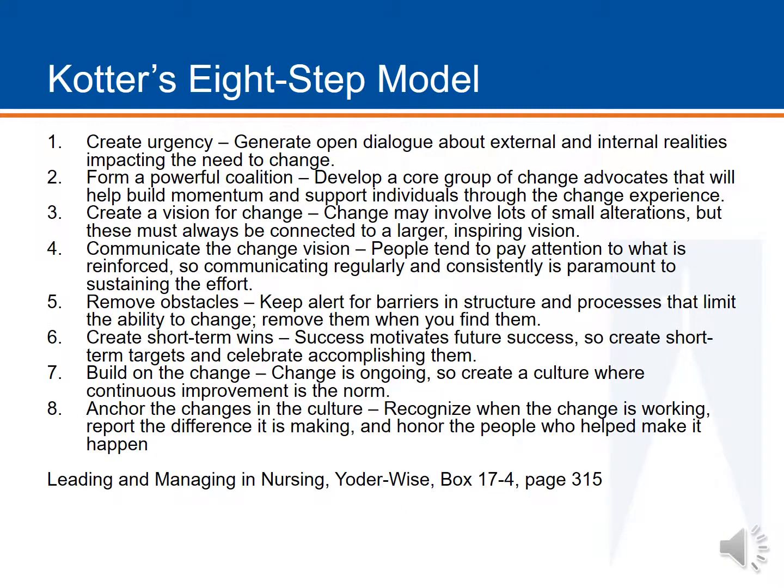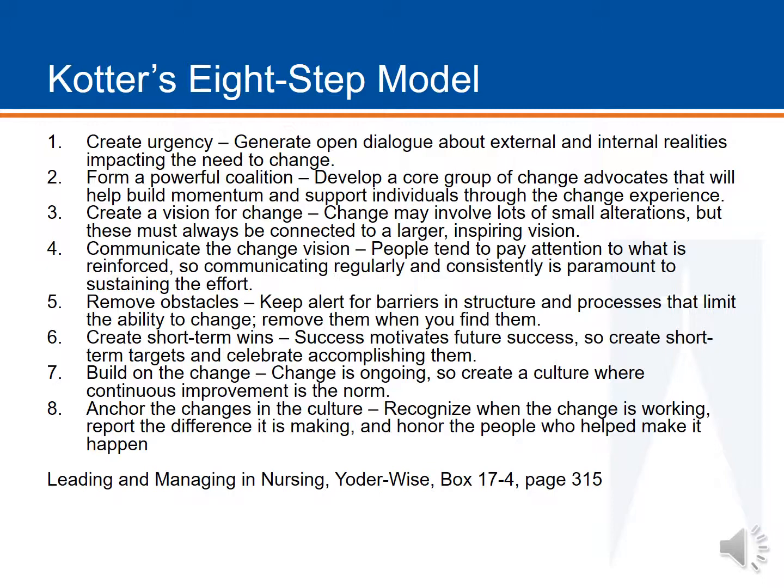Kotter's 8-step model is a model that students have used fairly regularly in the past. This 8 steps seems to be a little bit easier for students to understand what components of a project fit into what area. So creating urgency is the first one. And so we need to identify what is the need to change this. Why do we need to do it now?